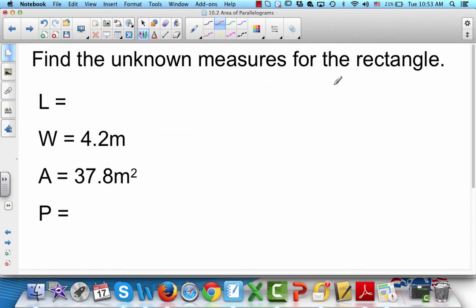Find the unknown measures for the rectangle. It always is good, and I know some of you won't do this, but it's a good thing to do, is to write down your formulas. What do you know? You know the area, you don't know the perimeter, so you're going to be using this formula. 37.8 is the area, is equal to the length, which you don't know, times the width.